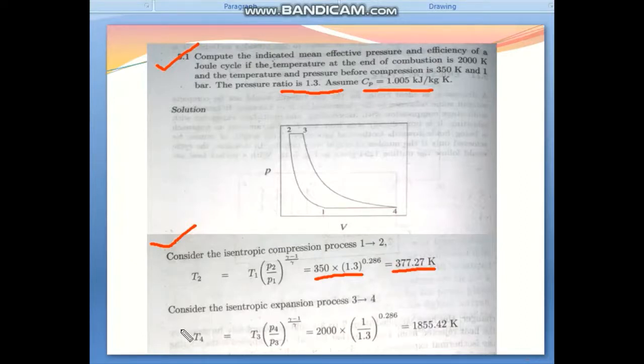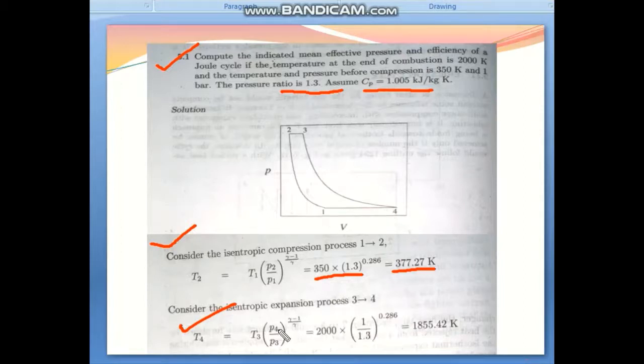Now considering the process 3 to 4, this is also a reversible adiabatic process, or isentropic process. So T4 is equal to T3 into P4 by P3 to the power gamma minus 1 by gamma. Here P3 and P2 are the same, and P4 and P1 are the same.